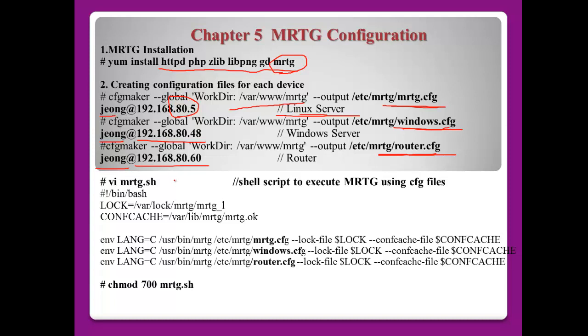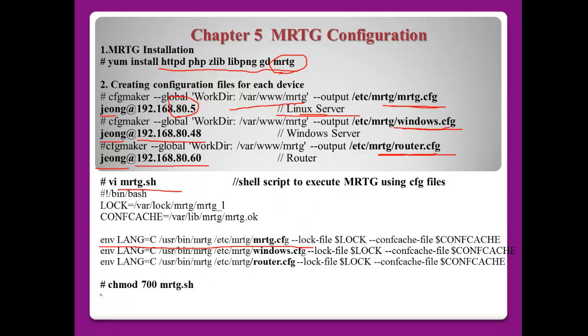And after that, I will create the shell script like this, because when I try to execute MRTG, normally we have to use this kind of command. So it is difficult to remember all these commands. If we make this kind of shell script, it is very stable and very convenient to start the MRTG service.